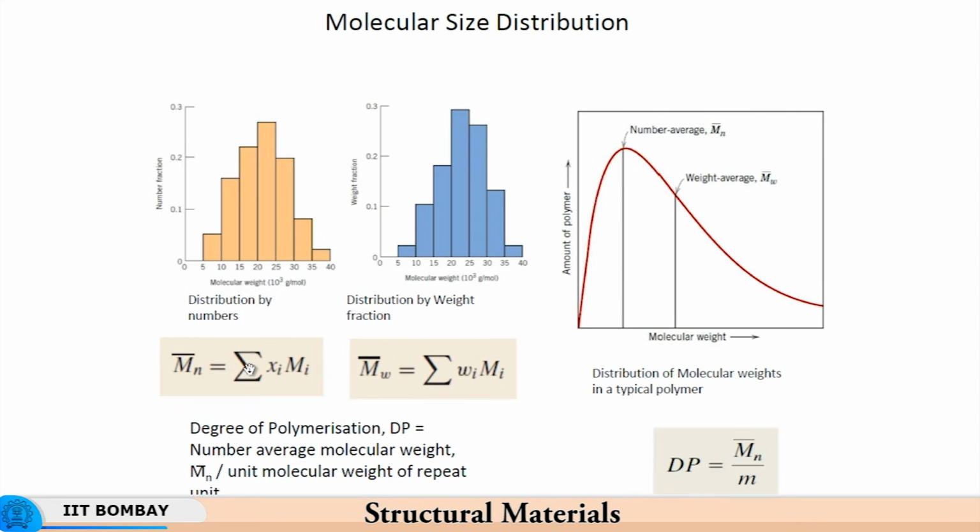So now compare this with metals. If you take metallic materials, you have atomic weight. So many grams per mole, 55 grams per mole, 63 grams per mole. Now here you are talking in terms of thousands of grams per mole. So you have 20 to 25 into 1000 grams per mole.